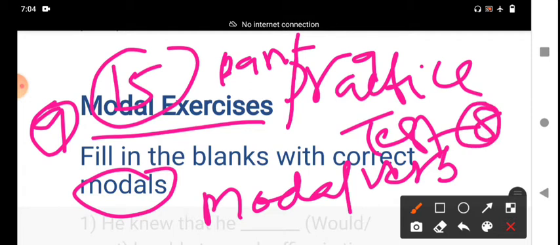The students who have watched those videos must be able to answer these questions. Without watching all the 8 videos, we would not be able to select the correct modal verb, my dear students.